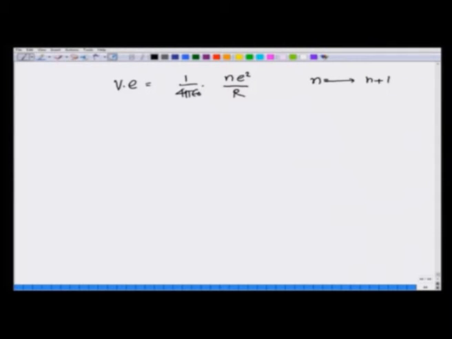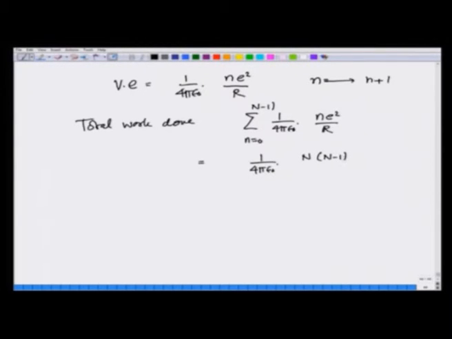So, the net work done, total work done, when we increase n from 0 to capital N is going to be the sum of all these individual works, 4 pi epsilon 0 n E square over R, n equal to 0 to capital N, which gives me 1 over 4 pi epsilon 0 n minus 1 over 2 R, and that is the answer.